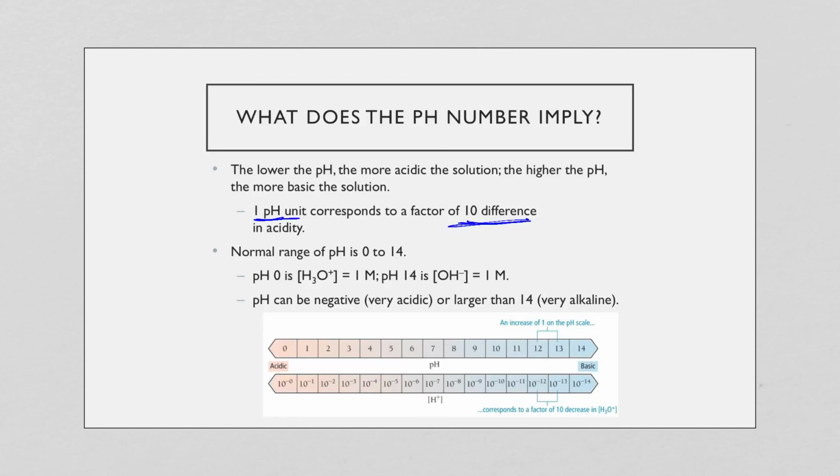And again, range 0 to 14, right? Theoretically, when we get to a pH of 0, that means we have 1 molar hydronium. If we have pH of 14, that's 1 molar hydroxide. Right?